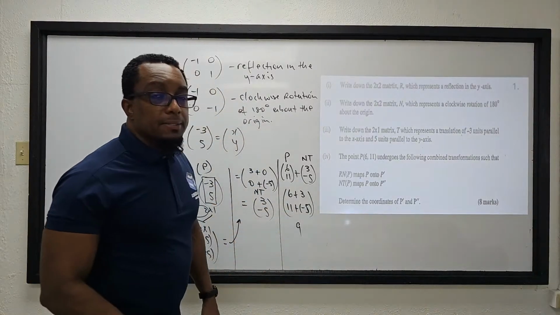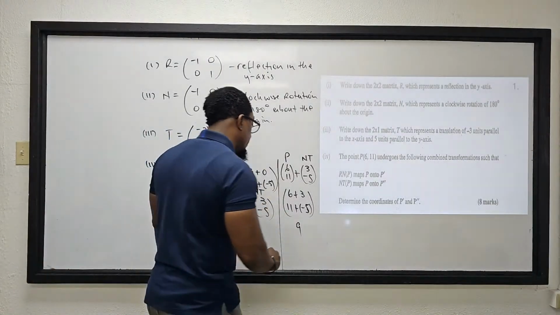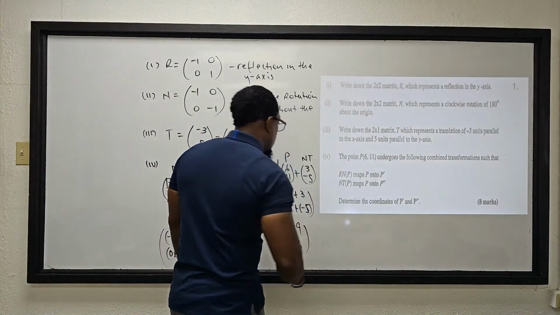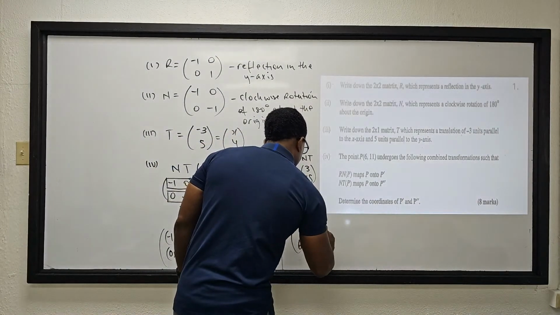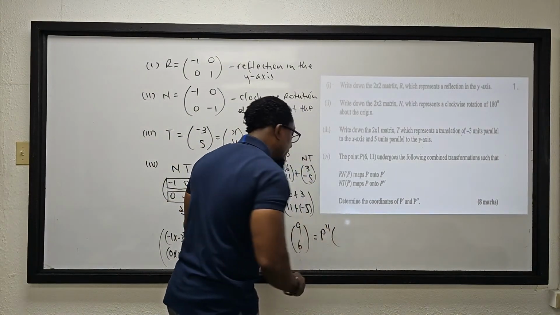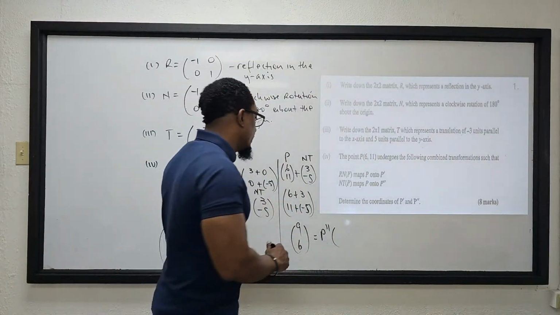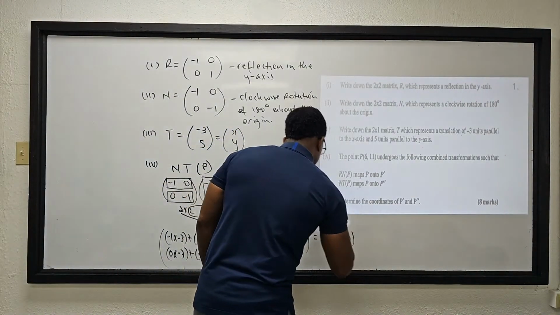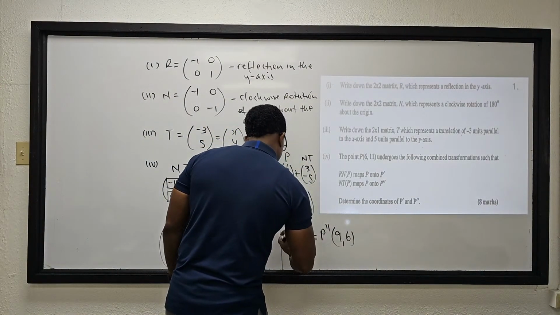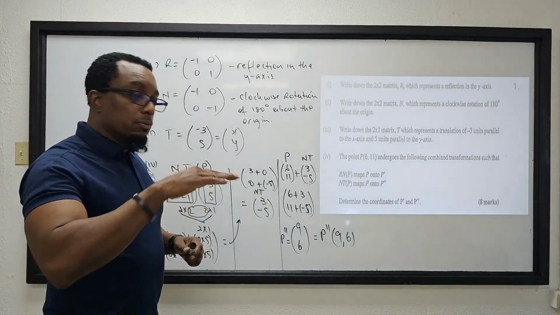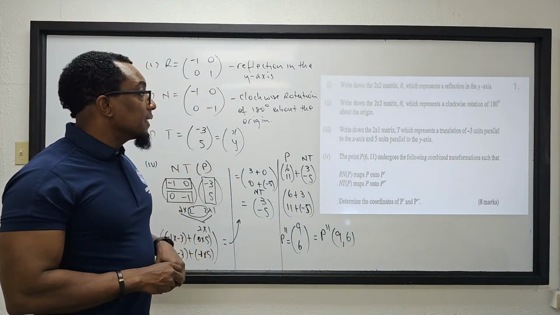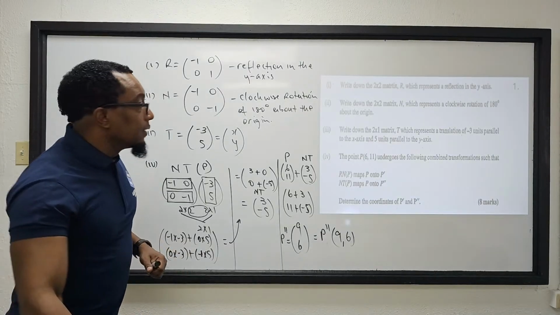And a plus by a minus is a minus. 11 minus 5 is 6. So we're going to get P double prime. This is P double prime. We can state it in terms of the row format with 9, 6. So this here represents P double prime. Okay? And writing it back in the row form will be 9, 6. Alright, so that's our first question.